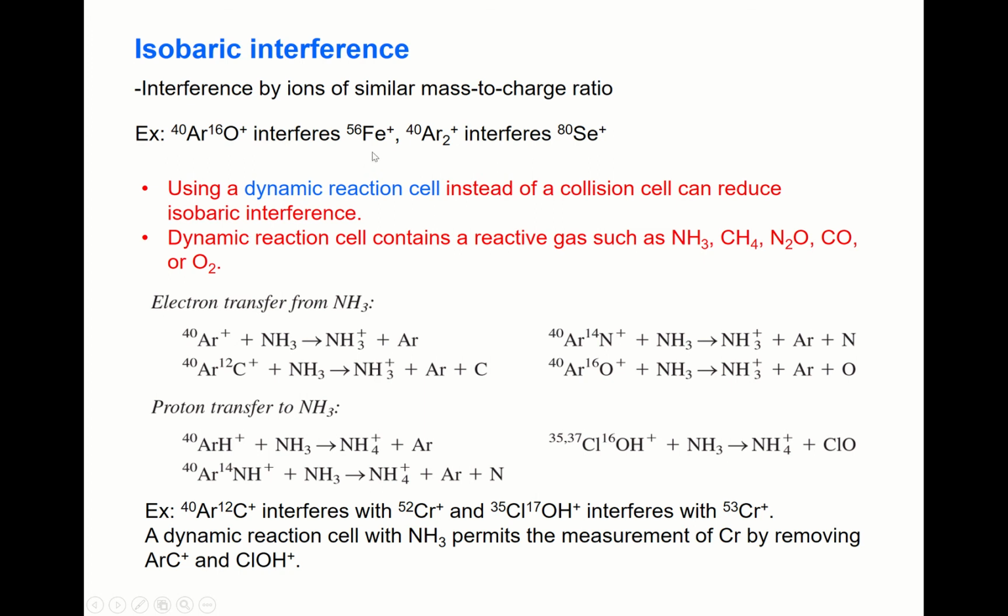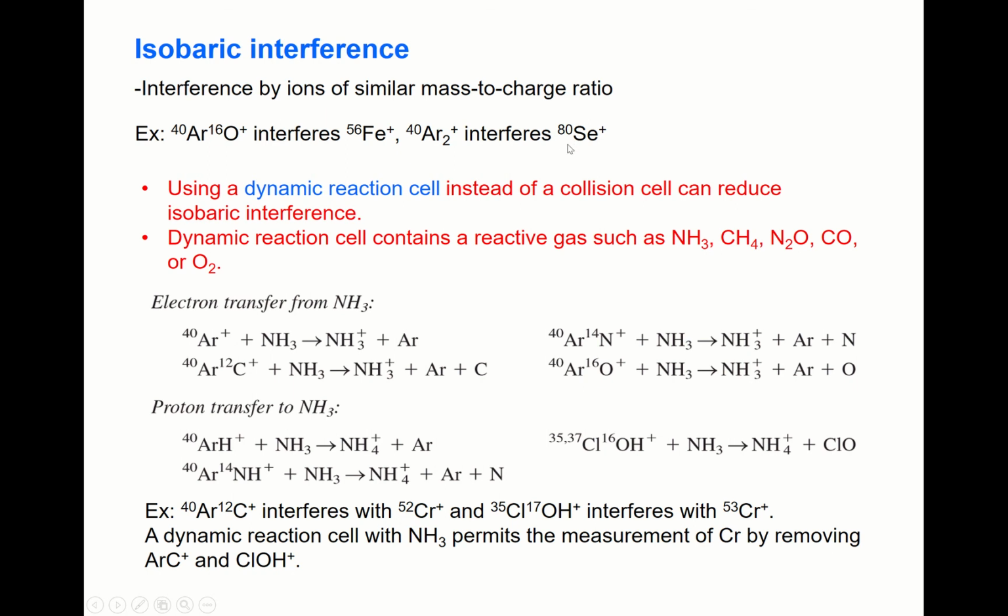This ion species has the mass number 56. This is the same. And here, this argon dimer, the mass to charge ratio is 80, because it is 40 times 2. It interferes with the monovalent selenium, whose mass is 80.